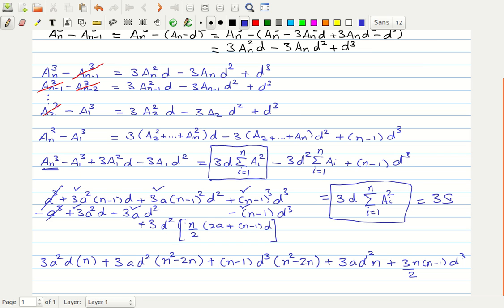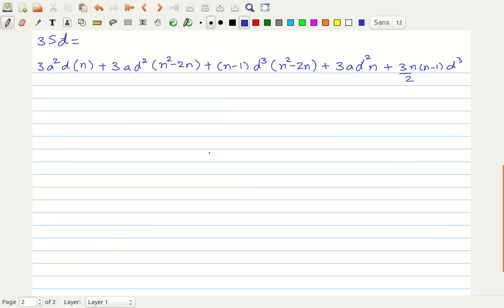So for proceeding to the next step, we'll copy this onto the next page. Right, so far we have seen that 3 times s, the sum of the squares of an arithmetic progression times d, is equal to this expression over here.